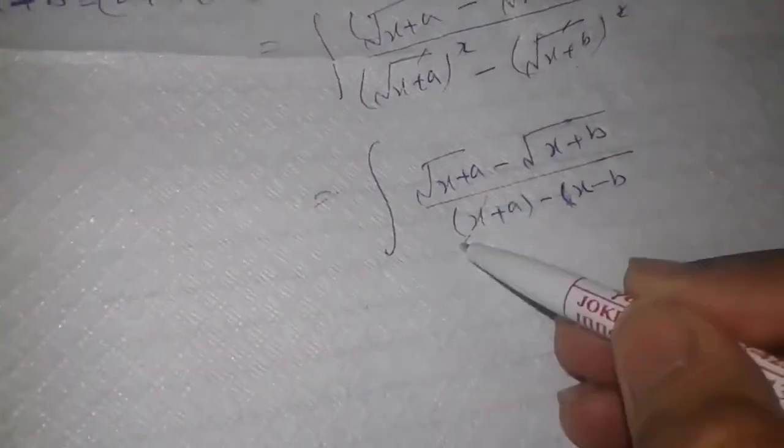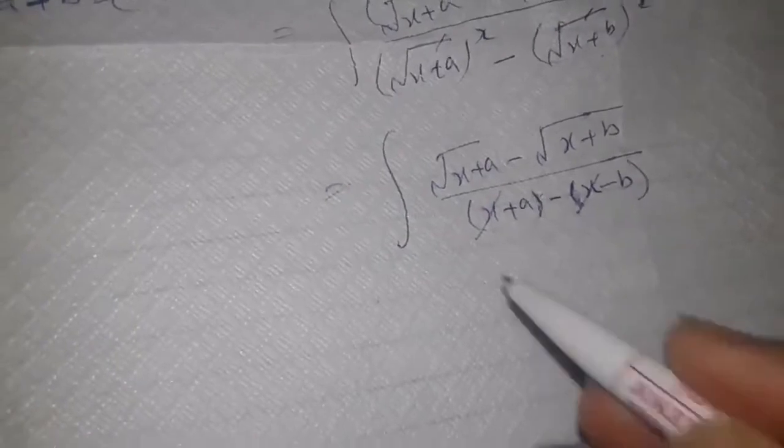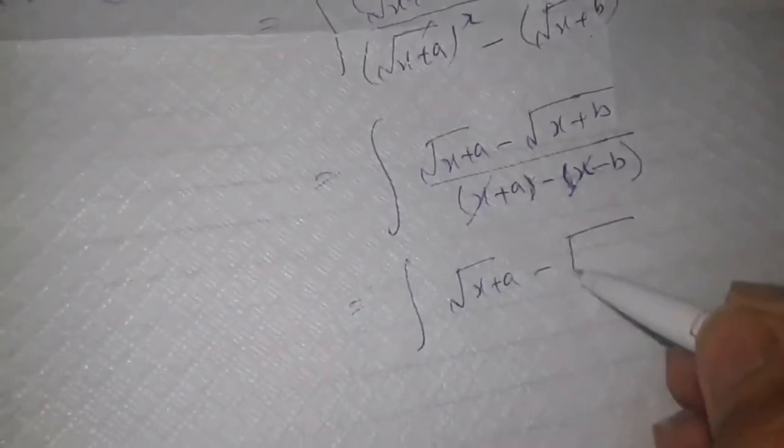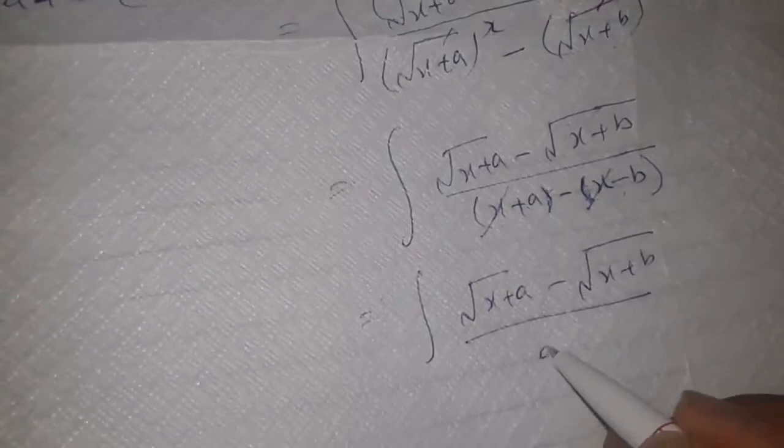This is minus x and this is plus x, so they cancel out with each other, and our expression will become under root x plus a minus under root x plus b over a minus b. This is our function. It is more simplified than our given function.